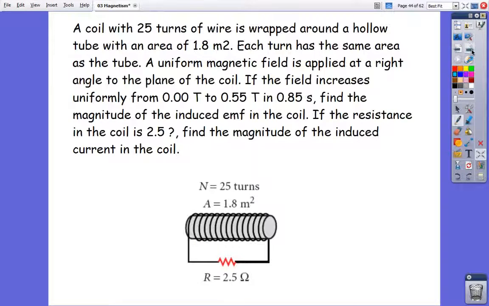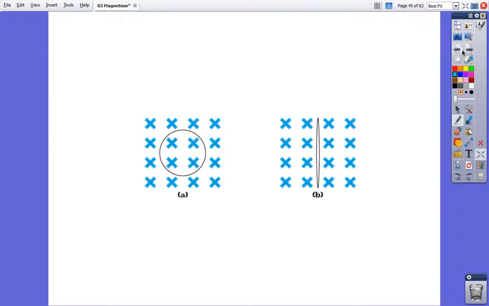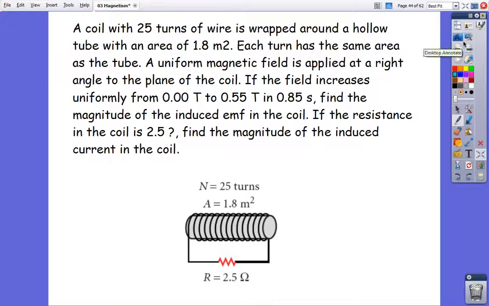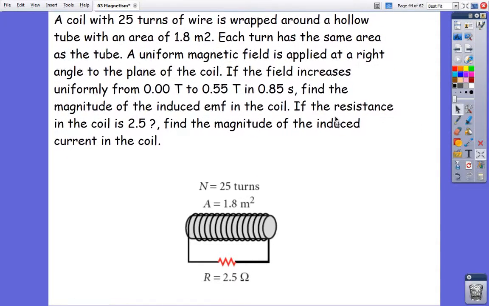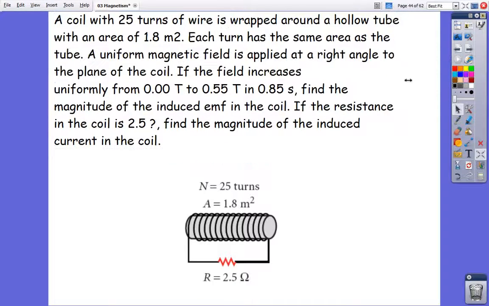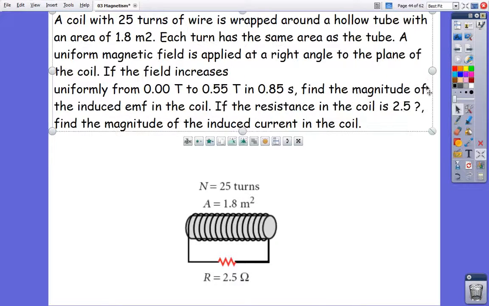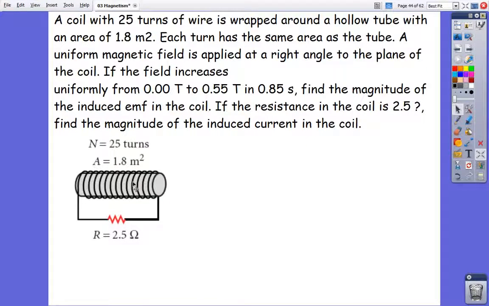Next, an example here. A coil with 25 turns of wire is wrapped around a hollow tube with an area of 1.8 meters squared. Each turn has the same area as the tube.